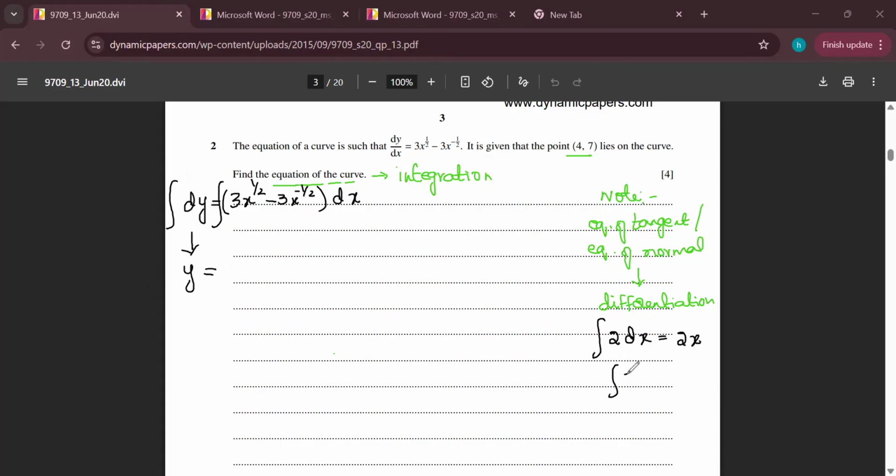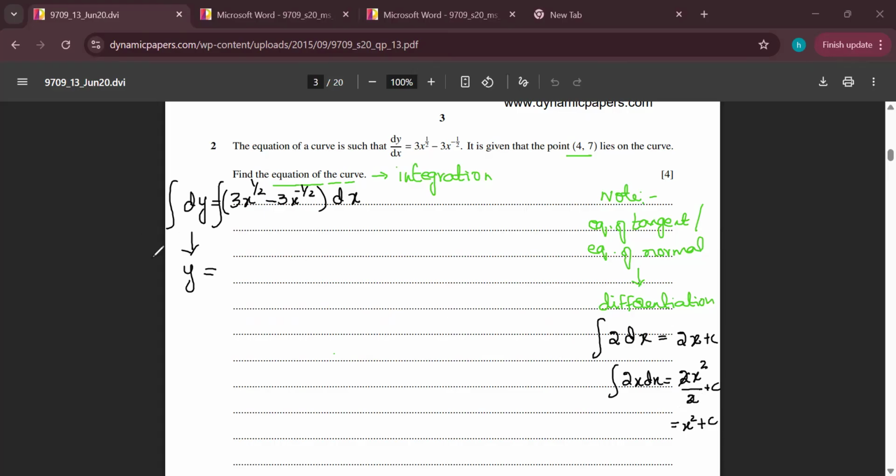If it is written 2x dx, it will become 2x square over 2. And plus c comes every time, right? So this 2 will get cancelled. So it will be x square plus c. Remember one thing, in integration we add 1 to the power and we divide by the new power.